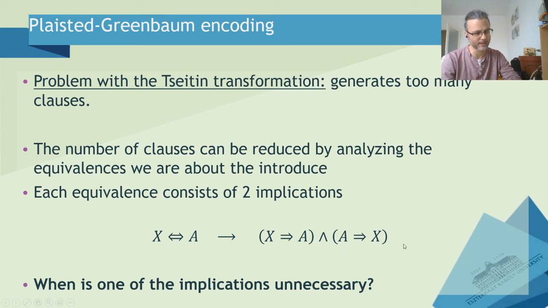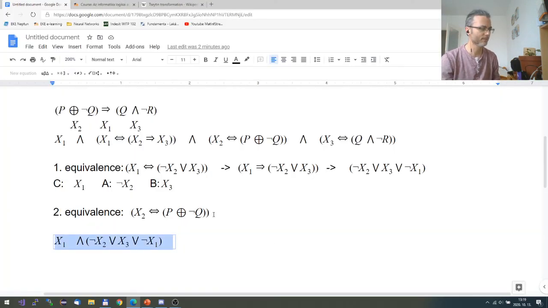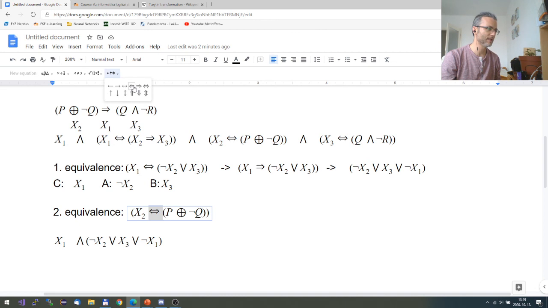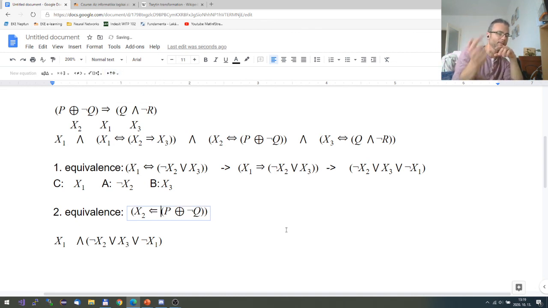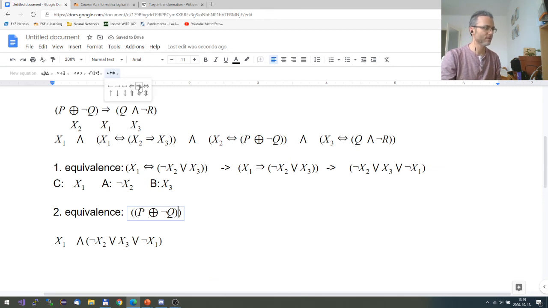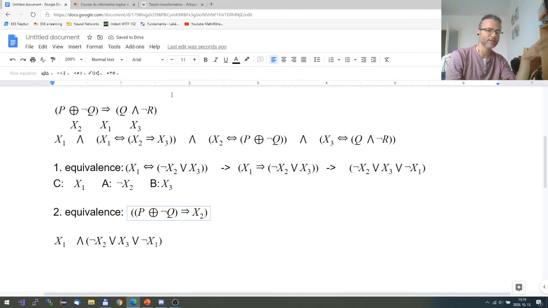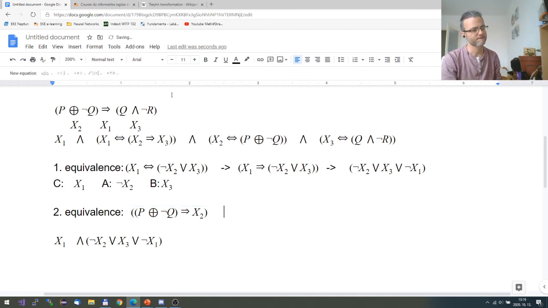Basically, we keep only this implication, the back implication, or it's nicer if I use this form. So we keep only this implication. Do you get this? Yes. Okay, cool.